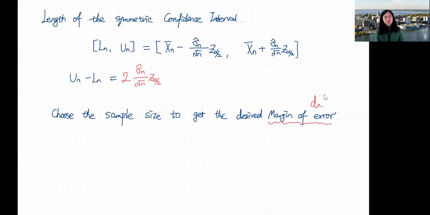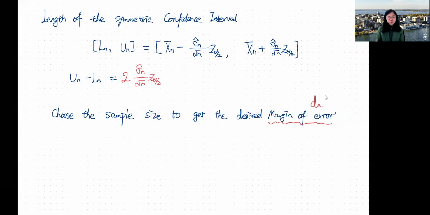For example, in the presidential poll case, you get an estimate of 40%, and you might want to get a small margin of error. Let's say maybe you want it to be plus minus 2%. What that means is you want dn to be 2%.